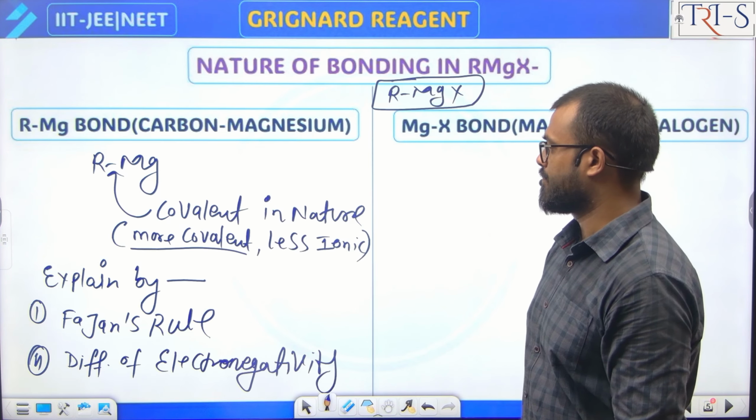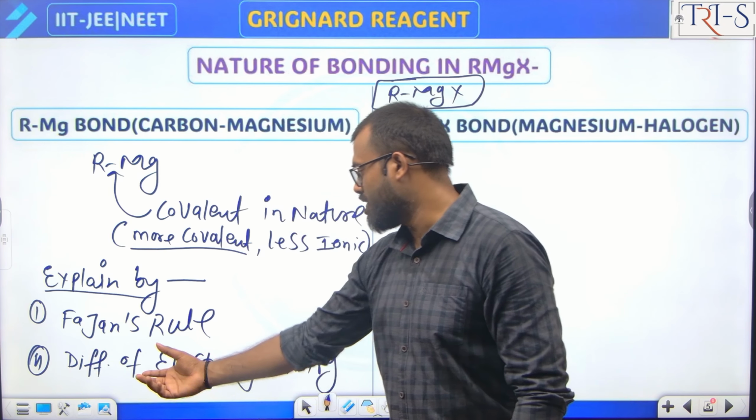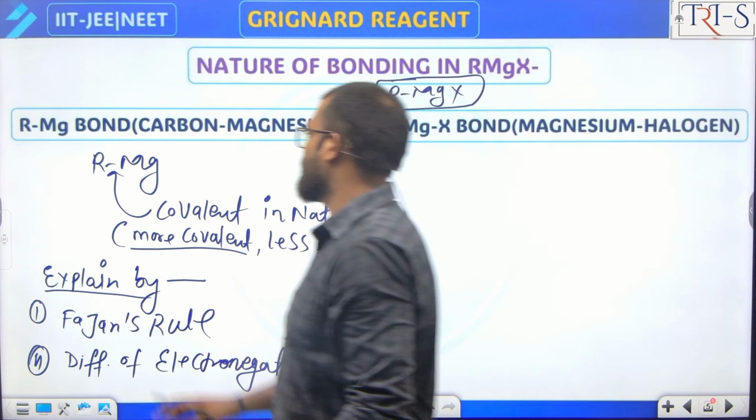That is why the R-Mg bond is regarded as covalent in nature, and it can be explained by Fajan's rule, which is part of chemical bonding, and also the difference of electronegativity. The difference of electronegativity can explain the type of bonding.